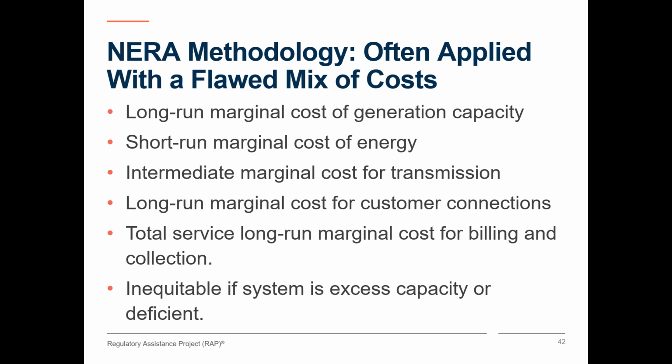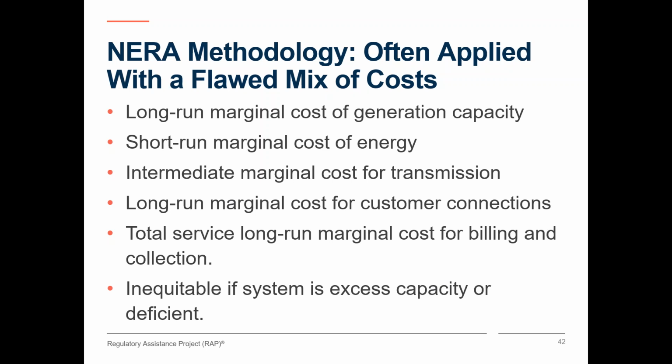The most common marginal cost method that's used in states that use marginal cost studies is the NERA methodology that was pioneered by Kahn and his colleagues at NERA in the late 70s and early 80s. These are typically, unfortunately, a mix of marginal cost methods.